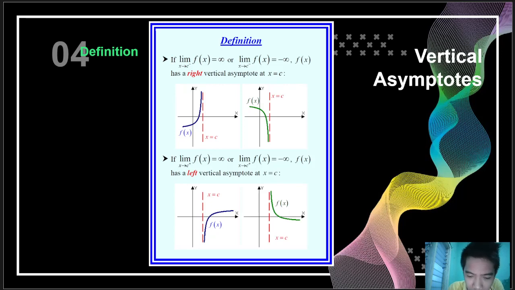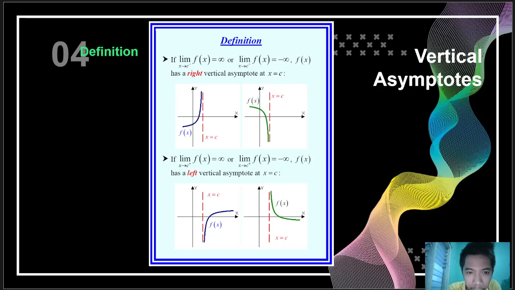Or if the limit of that function as x approaches c minus is equal to negative infinity. I would like to correct my previous statement. The limit of f of x as x approaches c minus, all of them approach c minus, not c plus. So if the limit at c minus is positive or negative infinity, then they have a right vertical asymptote.